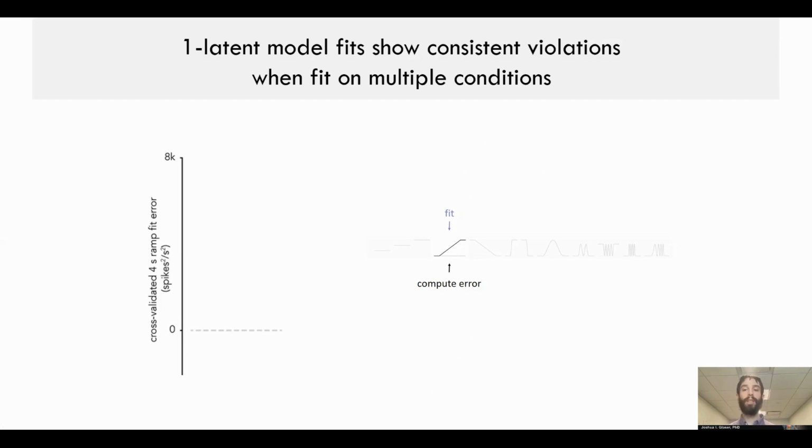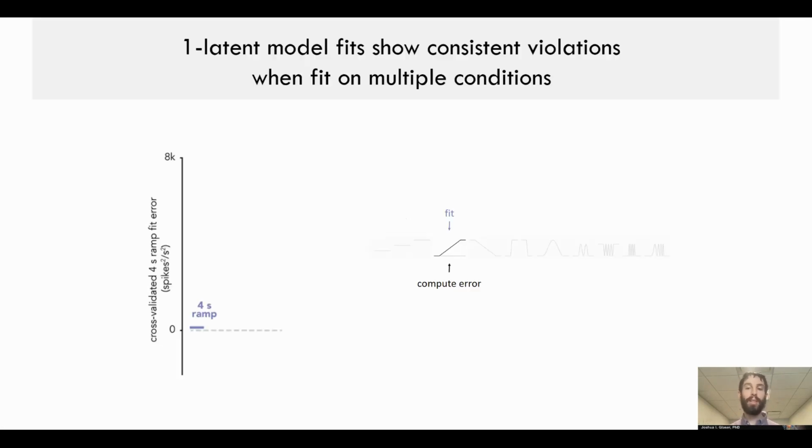First I'm going to show you if we fit the model just to a slowly increasing ramp condition, and we'll compute the error within that condition as well. This is a condition that the classical rigid control theory has been able to explain well. And we can see that in general, this model does explain the data very well for just this slowly increasing ramp.